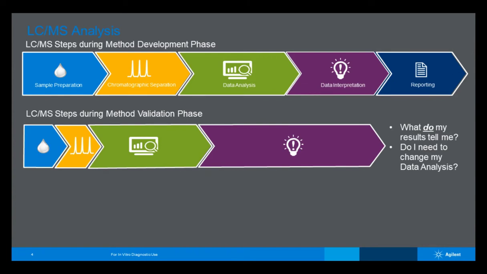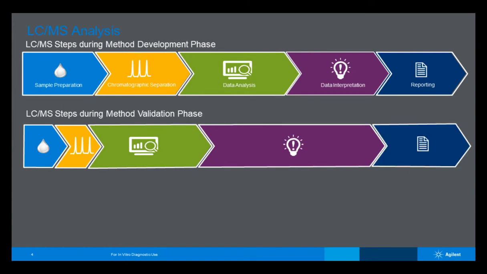So you can see those two steps really cut back on any of the time savings that are gained in the reduced sample prep and chromatographic separation. Again, similar to the development phase, the validation phase requires a comprehensive report that's equal in length, but different in what it's actually conveying, to fully articulate the findings.